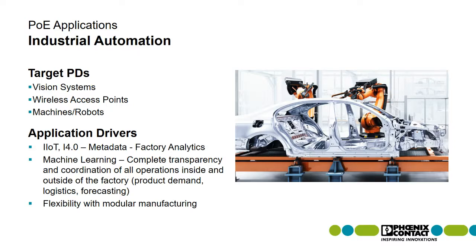And then you get flexibility with modular manufacturing. If there are devices that are powered over the Ethernet cable, it makes it much easier in a modular setup to move items around, make changes, and be very flexible in your production system.